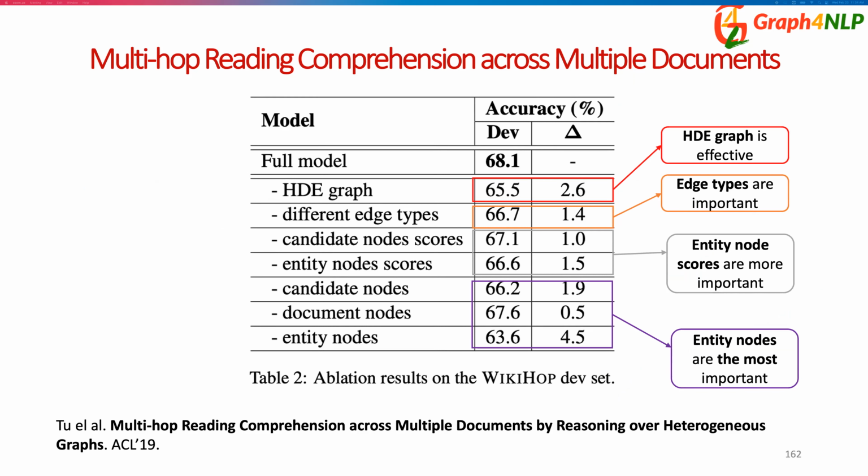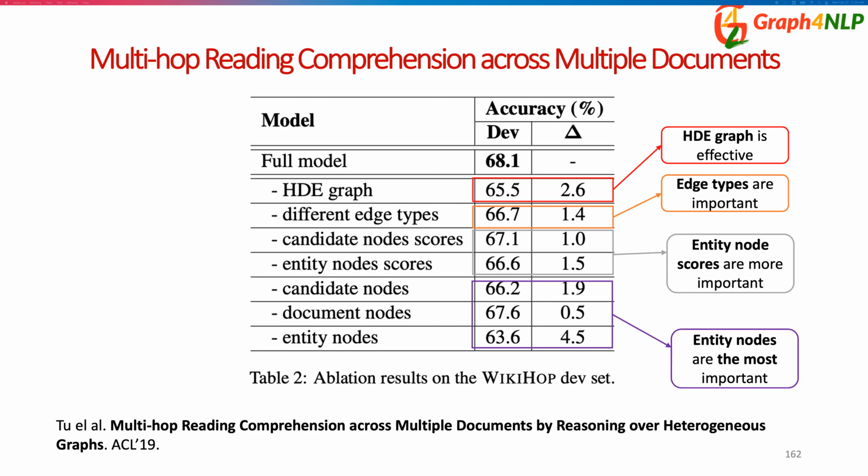Meanwhile, if we look in more detail at what kind of node scores are most important, we can see entity node scores are the most important. This is not very surprising, right? Because most of the reasoning is really based on relationships among the entities. Entities carry the context information in the document, while the candidate nodes do not carry such information.